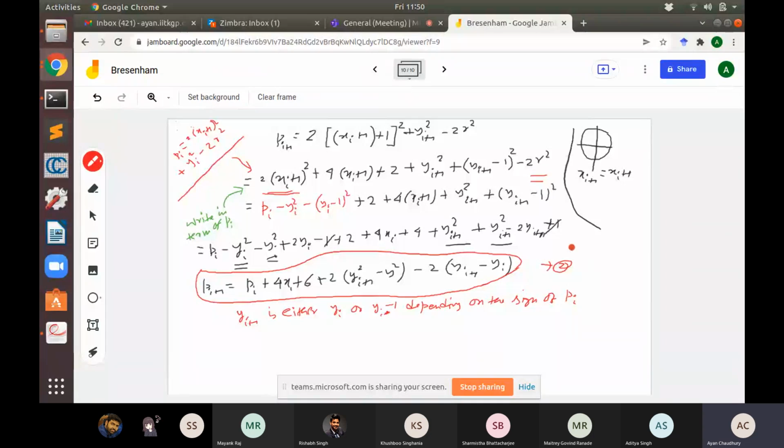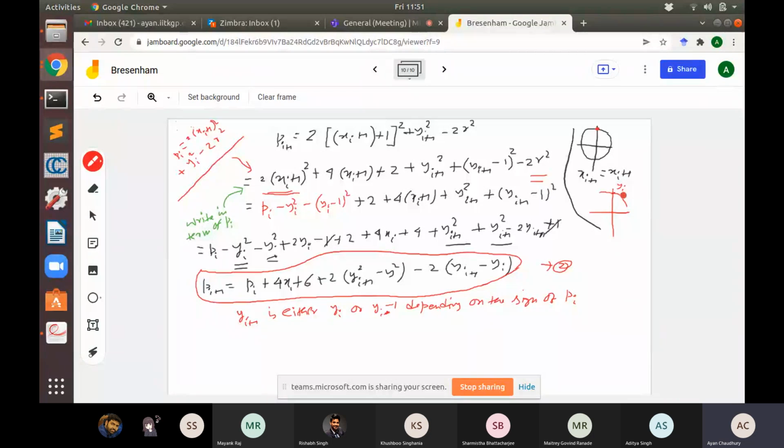Sir, yes. When x is increasing, how will the second point be yi minus 1? If you can show in an image, sir, maybe I missed it. The last slide, the last line. Okay, so maybe I can draw like this: this is your circle, so this is yi, right?